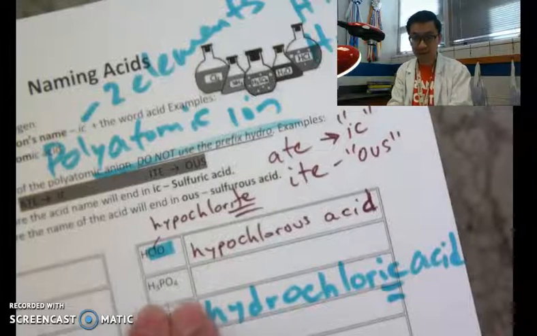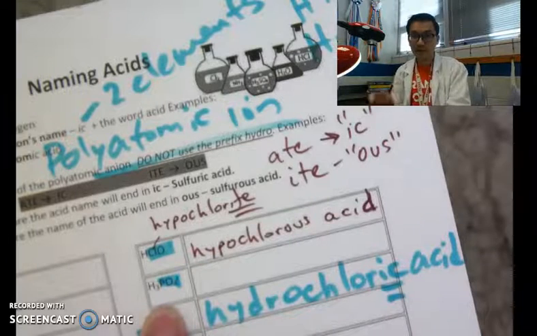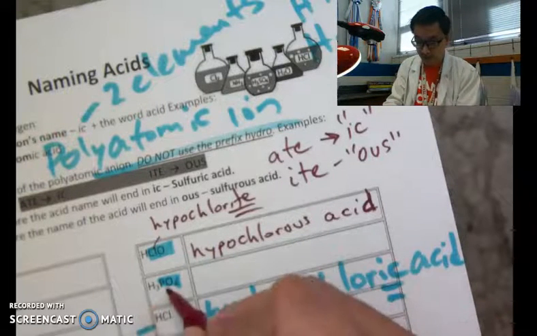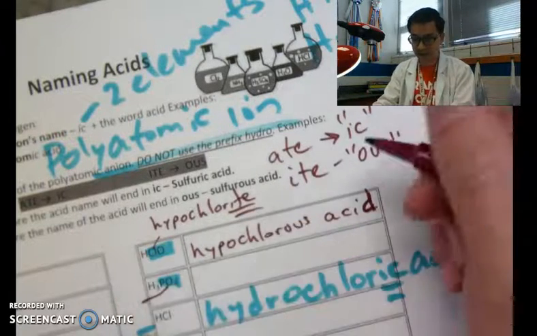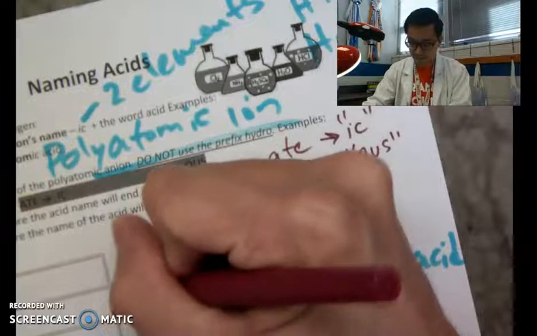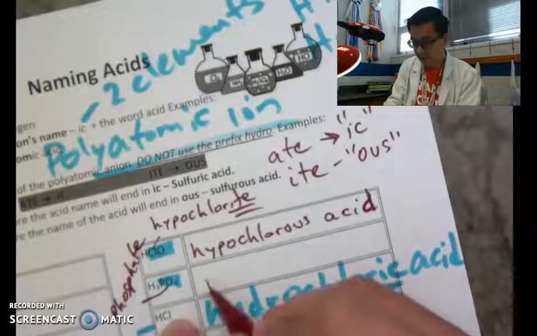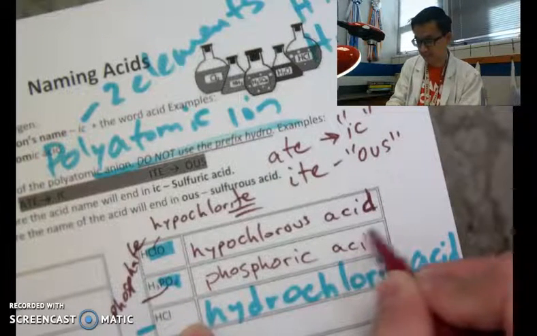Look at the next one. HPO4. There is a polyatomic ion. If you don't know what these are, where do you look? You look at my pink periodic table or your own periodic table with the list of polyatomic ions. This is phosphate. So you change it back to phosphoric acid.